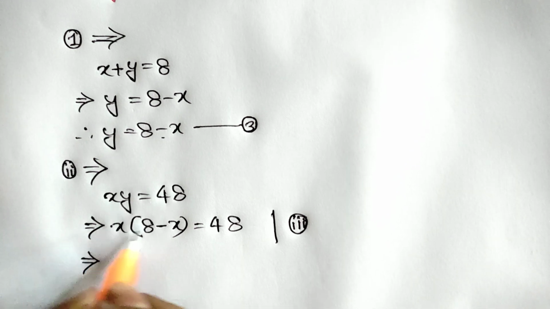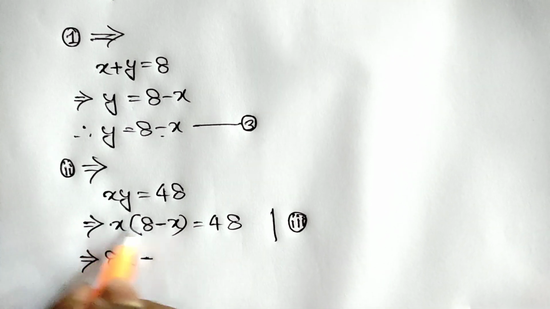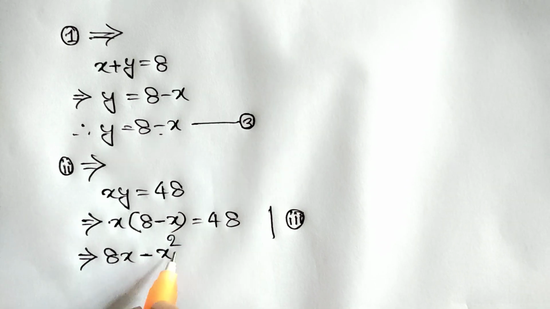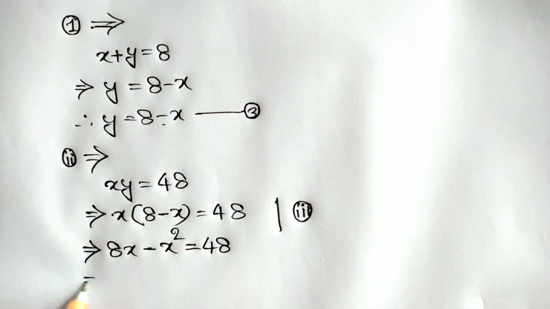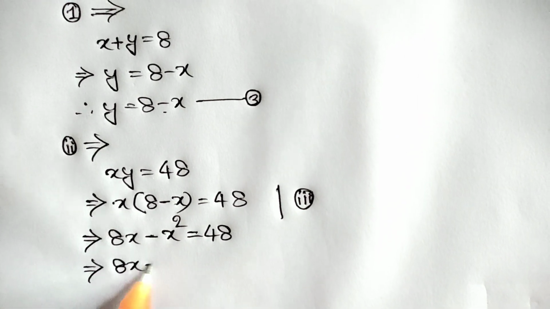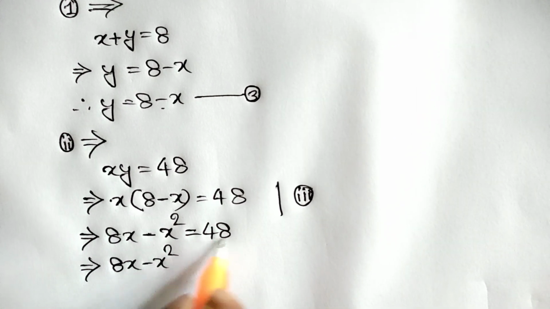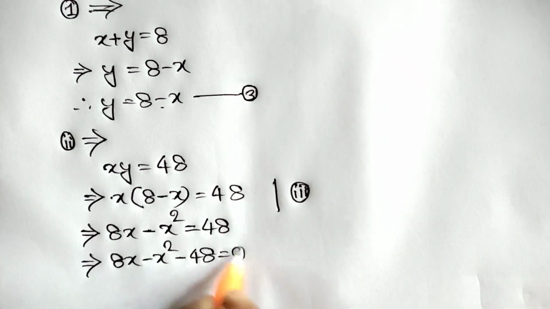Or x times 8, that means 8x, minus x times x, which is x square, is equal to 48. Or 8x minus x square, taking this 48 to the left side we will get minus 48 is equal to 0.